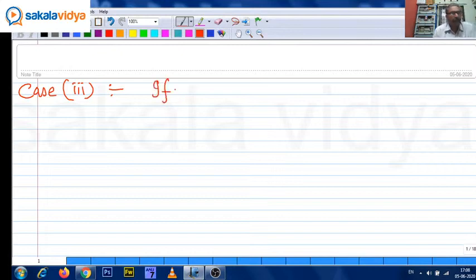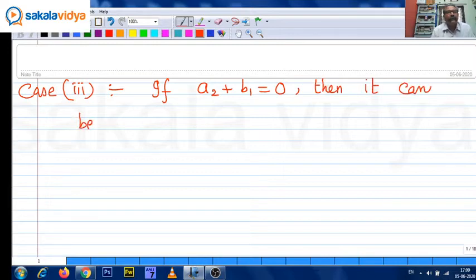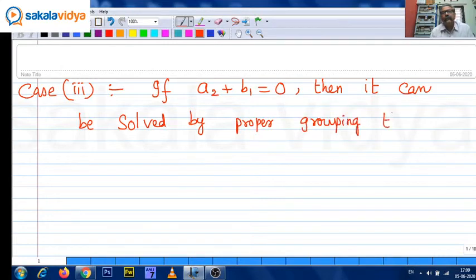If a2 plus b1 equals 0, then it can be solved. It can be solved by proper grouping the terms.